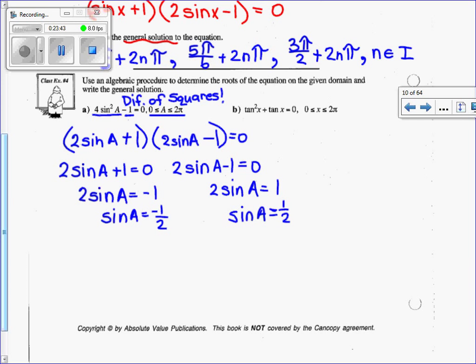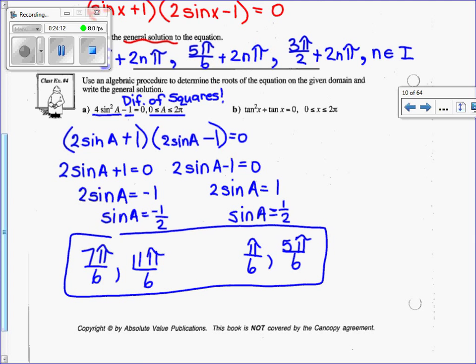Sine is negative 1/2 at 7 pi over 6 and 11 pi over 6. And sine is positive 1/2 at pi over 6 and at 5 pi over 6. So all 4 of those would be your answer.